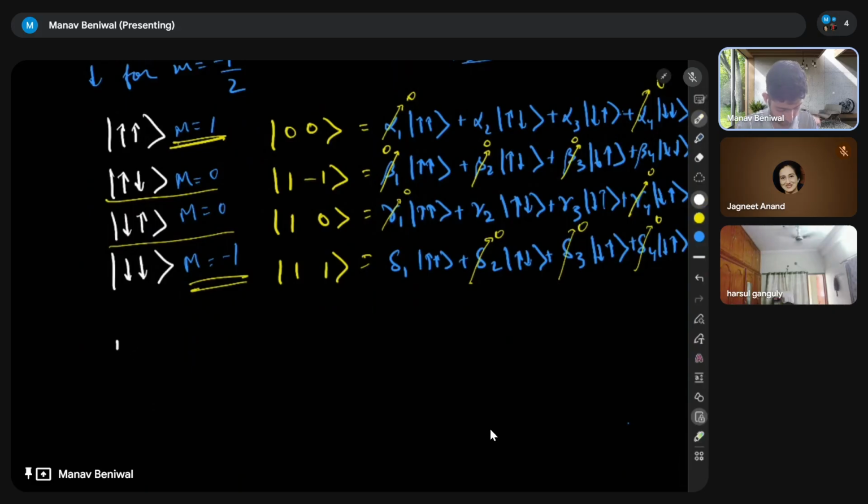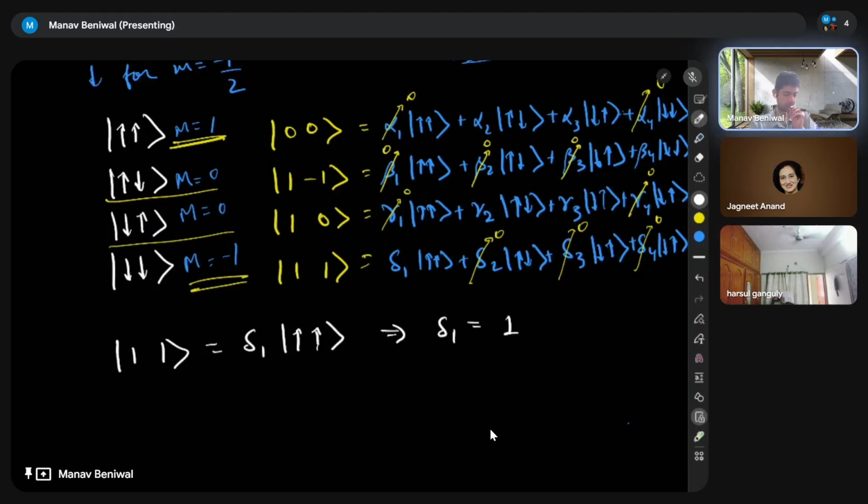We are writing this state 1, 1 as delta 1 up up. Now straight away, using the normalization condition, because this state has to be normalized, what do you think will be the value of delta 1? It is simply 1.